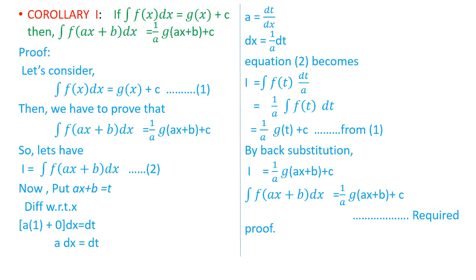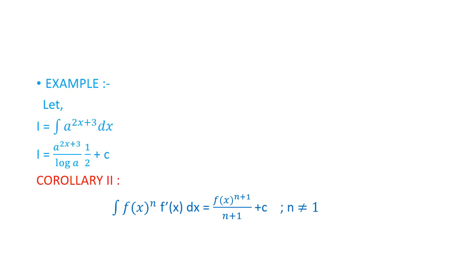So come to the next. To understand the above theorem, let us consider one example. Let the integration of a raised to 2x plus 3 dx be equal to the integration of a raised to 2x plus 3 upon log a, into the multiple of x, that is 1 by 2, plus c.